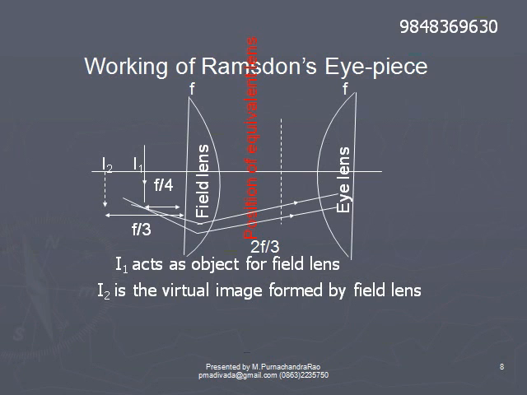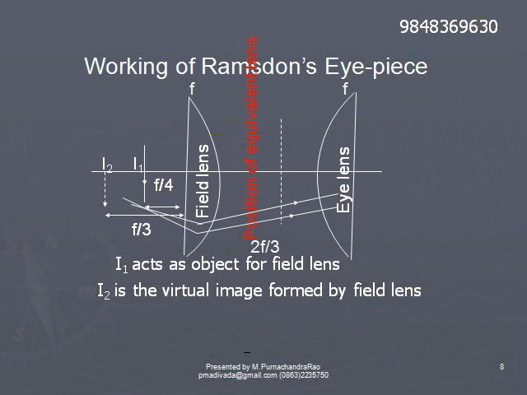These rays appear to be coming from a point I2. Hence, a virtual image I2 is formed to the left of the field lens, at a distance f by 3 from the field lens. It is a virtual inverted image with respect to the object.